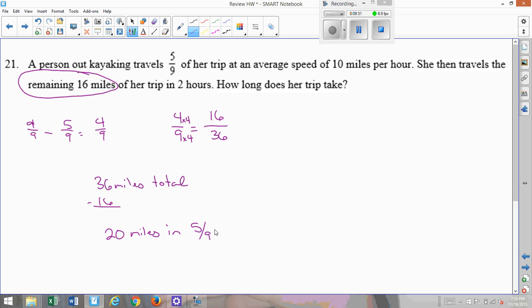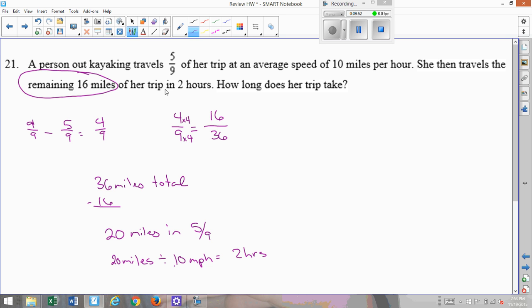So if we're going 10 miles per hour, 20 miles divided by 10 equals 2 hours to do the first part of the trip.